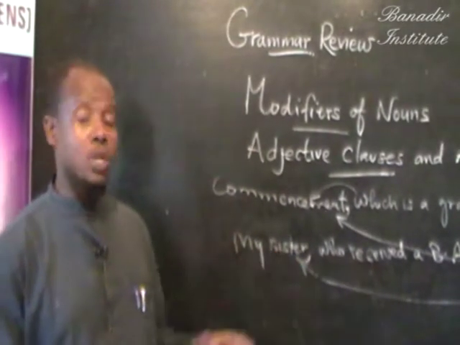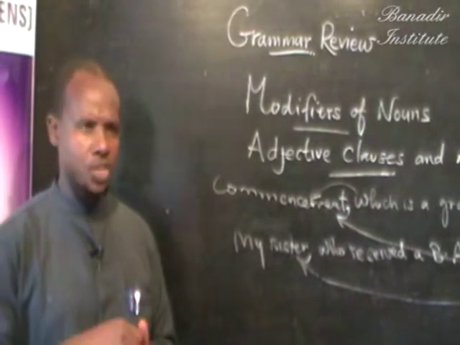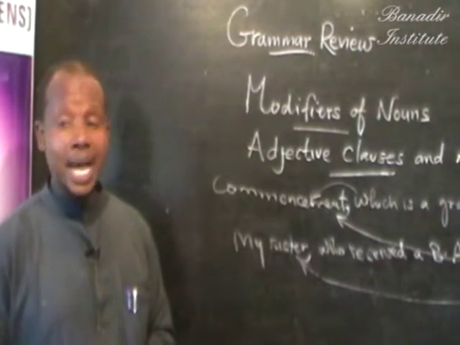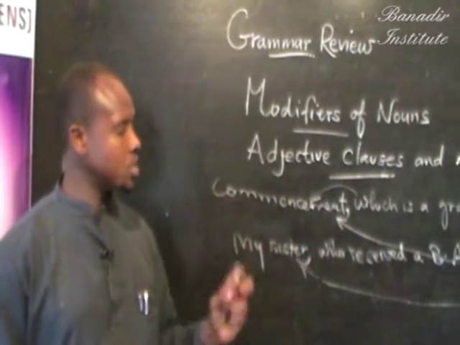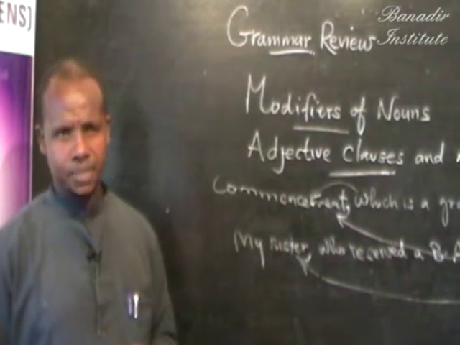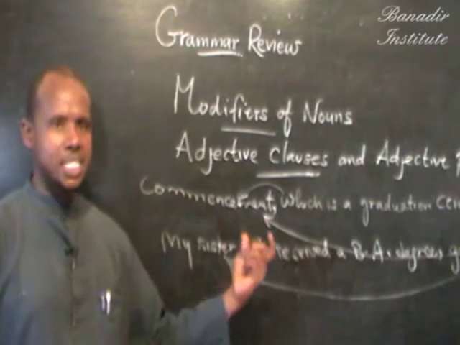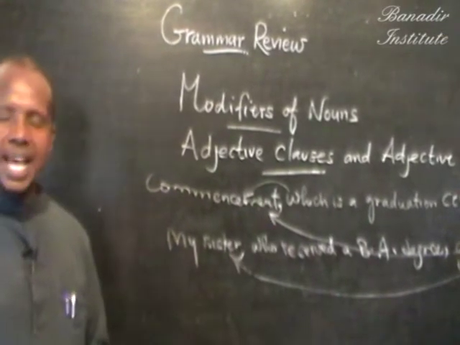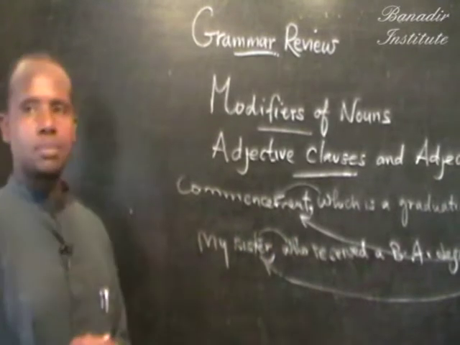I'm not talking about the one who received a master's degree, or the one who received a secondary level high school degree. I mean only one. So this who received a BA degree is an adjective clause that tells us something about the noun my sister.